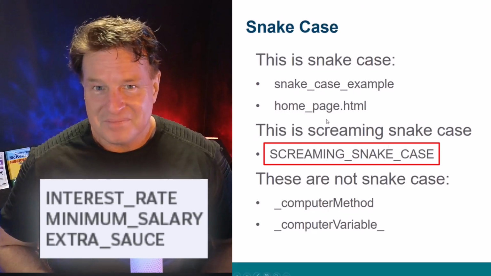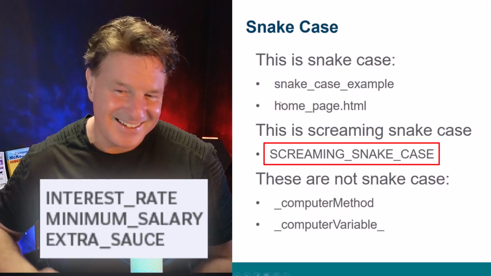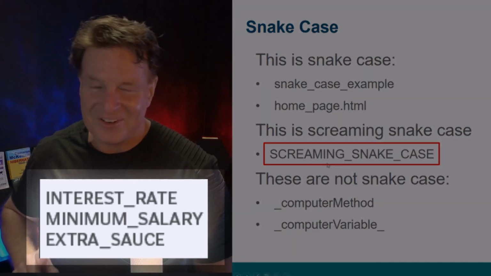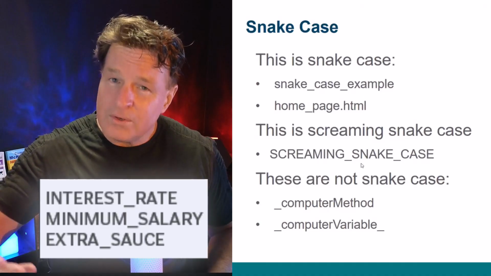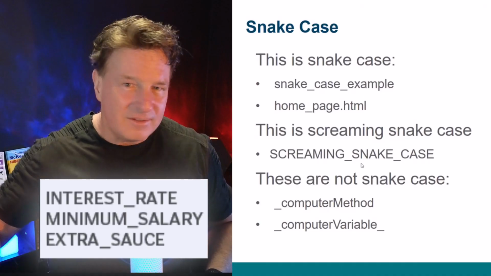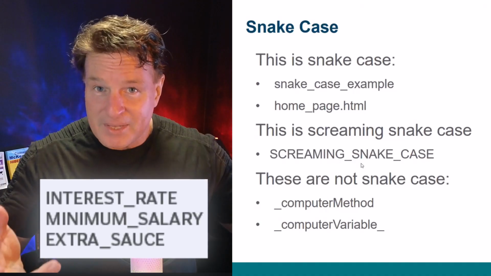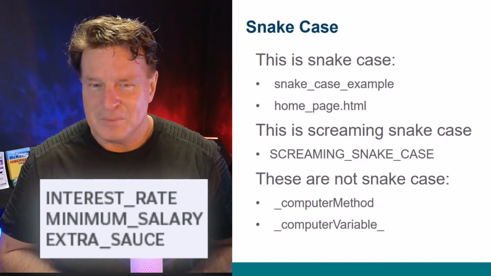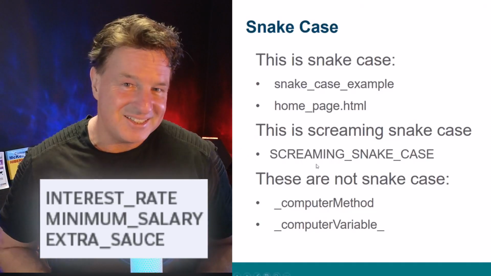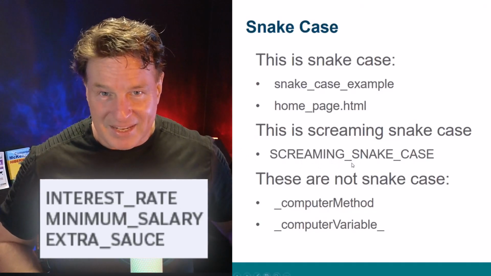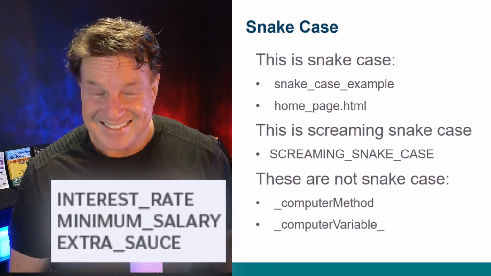So those variable names that I just showed you, here they are in Screaming SnakeCase: INTEREST_RATE, MINIMUM_SALARY, EXTRA_SAUCE. I just think that's kind of funny. And of course, if you're in a chat room or you're online or you're on Twitter and you're talking to people, if you write in uppercase letters, that's considered to be screaming or shouting or being angry. So if you're using SnakeCase and you've got all uppercase letters, it's not just SnakeCase, but it's Screaming SnakeCase.